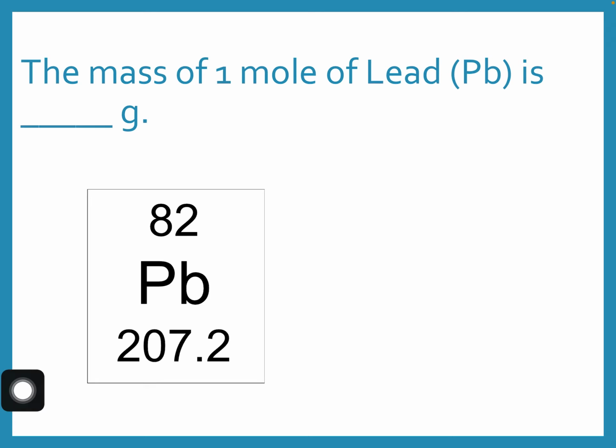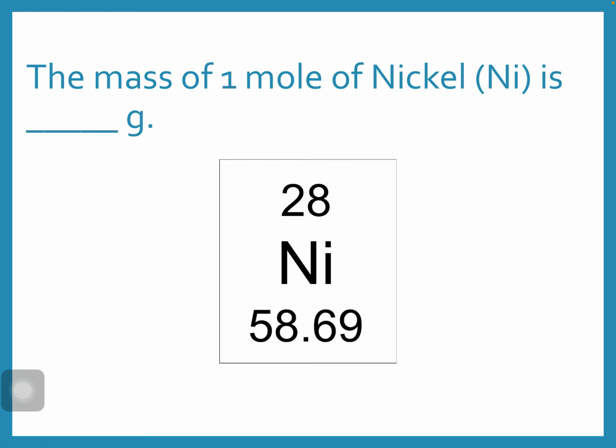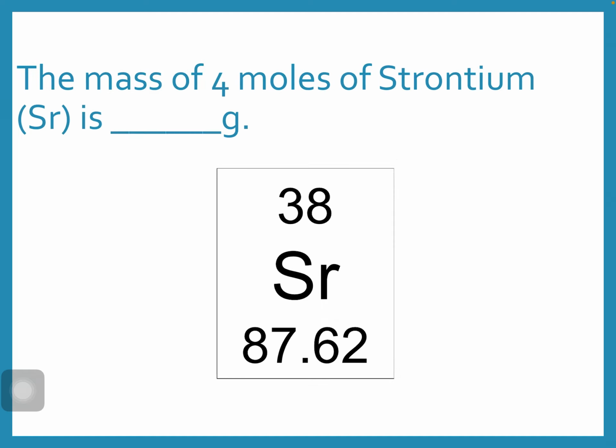So the mass of 1 mole of lead is 207.2 grams. Or as we write the molar mass, 207.2 grams per mole is the way that we measure that. Mass of 1 mole of nickel is 58.69, or the molar mass is 58.69 grams per mole.